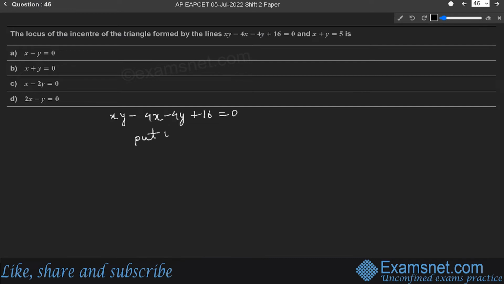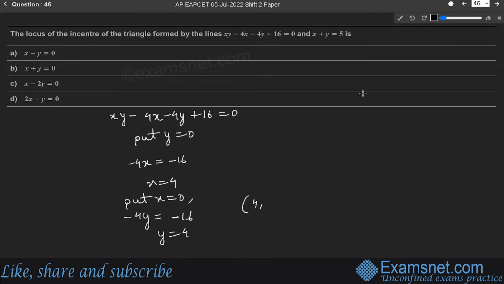So put y = 0, then we get −4x = −16, so x will be equal to 4. Similarly, put x = 0, then we get −4y = −16, again y = 4. So we get both the values, x = 4 and y = 4.